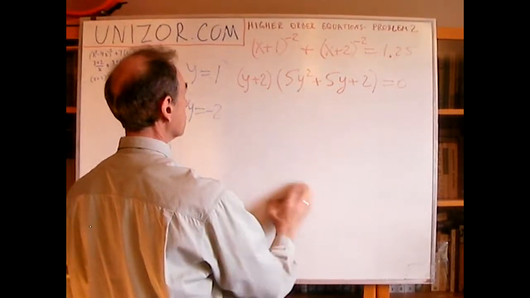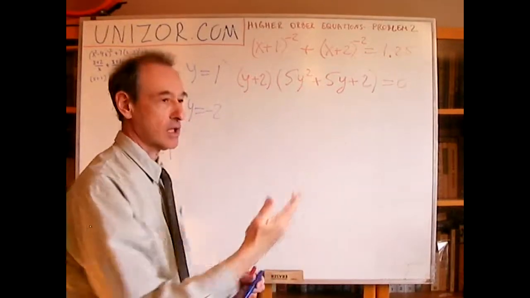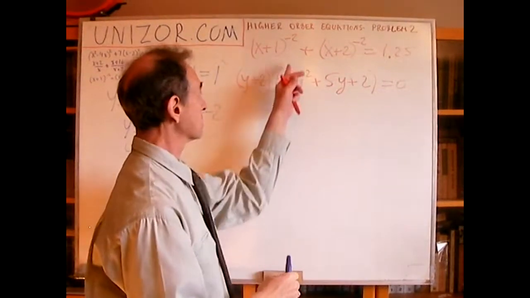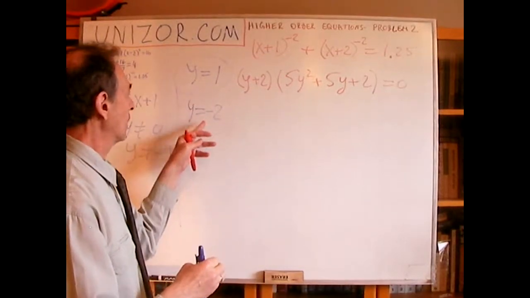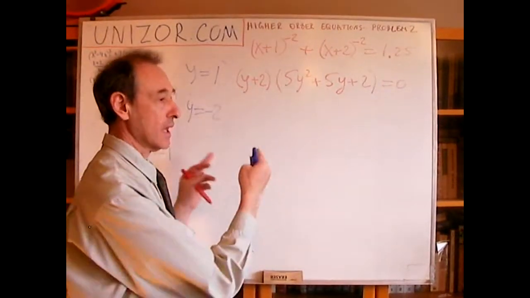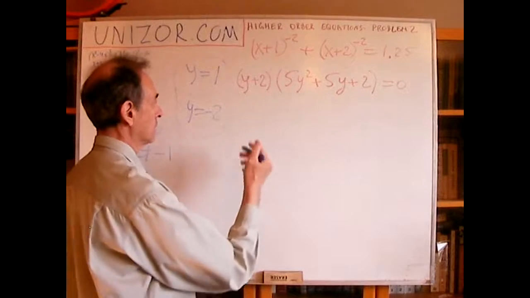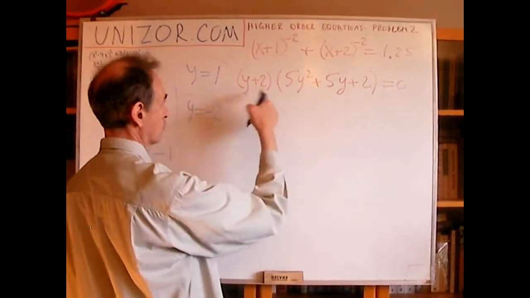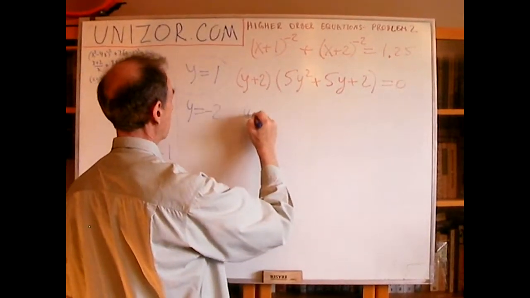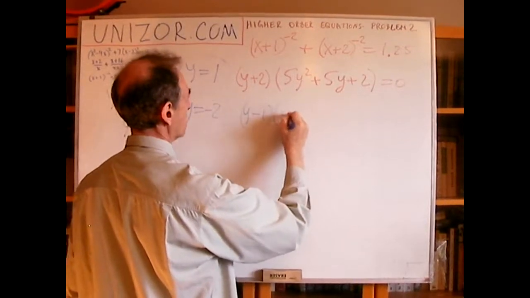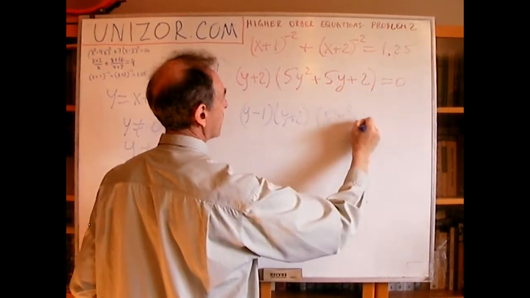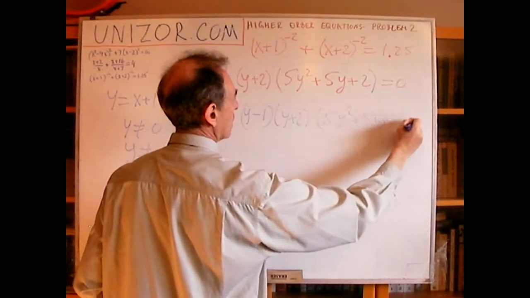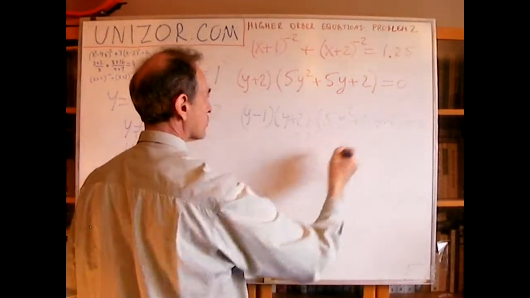It's a fourth degree equation which can be represented as a quadratic equation and two multipliers. So one would be y minus 1, another is y plus 2, and another is 5y squared plus 5y plus 2. This has no solutions.